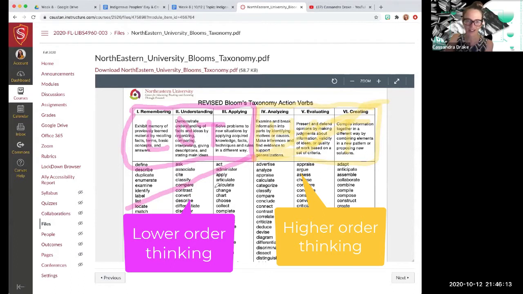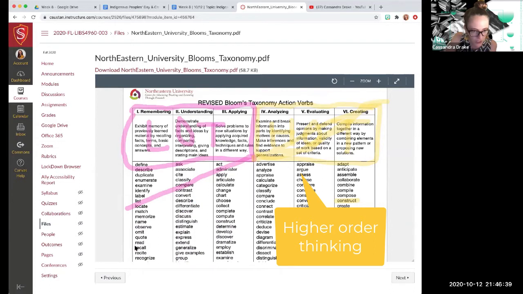So this is a recognition of the fact that asking a student to construct is a higher order thinking skill that they're going to have to go through, rather than asking students to recall, which is a common one, right?